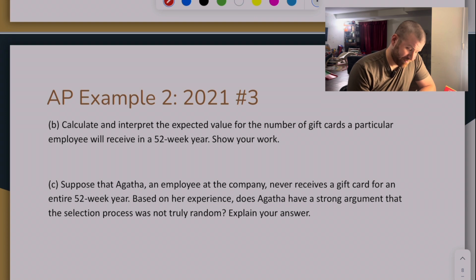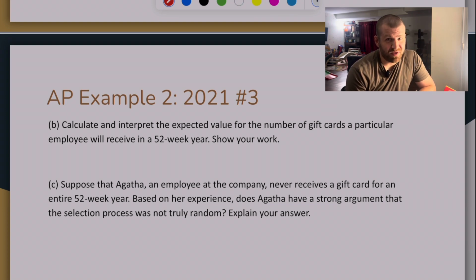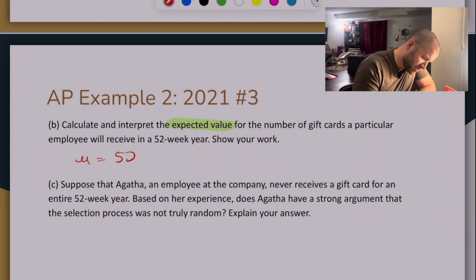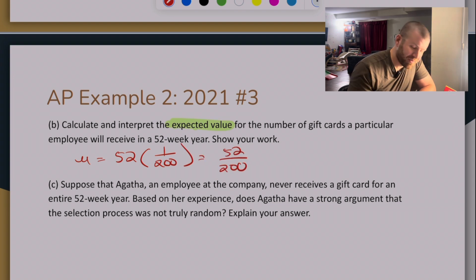Now, calculate and interpret the expected value. When I see expected value, this should be screaming mean to you. So this is really simple. Mu is just 52 times 1 out of 200, or just 52 out of 200, right?